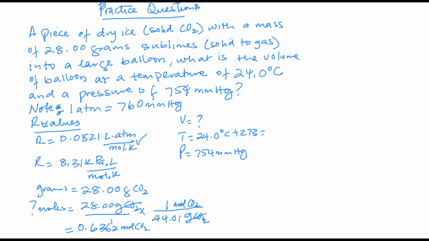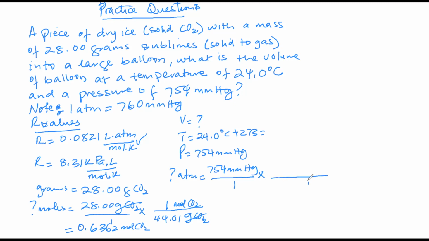We got that. Now we have to convert this millimeter mercury to atmosphere. So that should be 754 millimeter mercury over 1. We are given this equivalent statement.